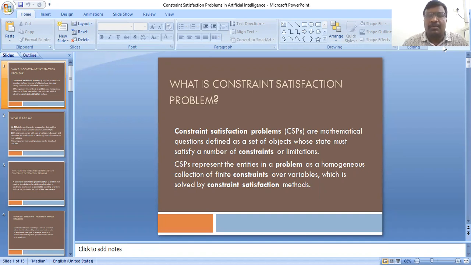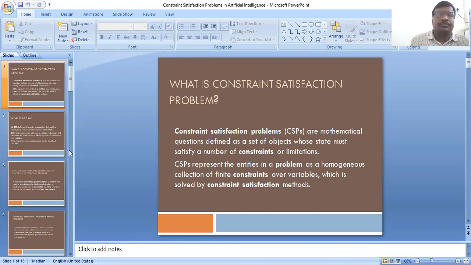Constraint satisfaction problems represent the entities in a problem as a homogeneous collection of finite constraints over variables, which is solved by constraint satisfaction methods. That is the constraint satisfaction.